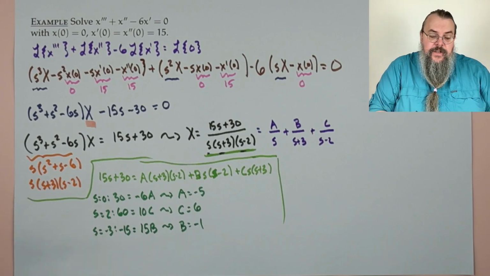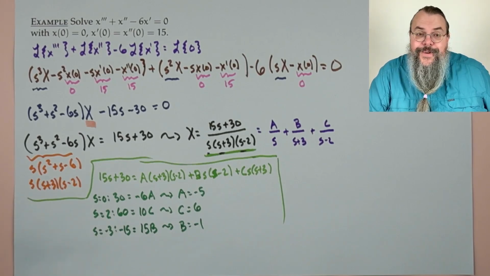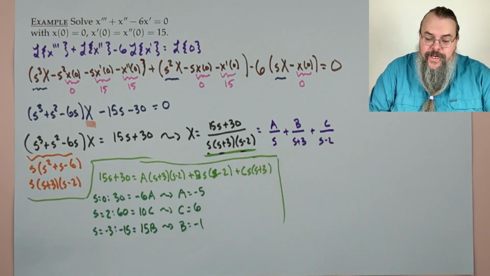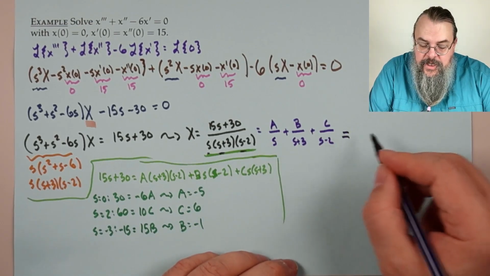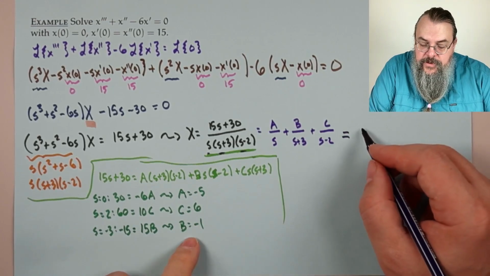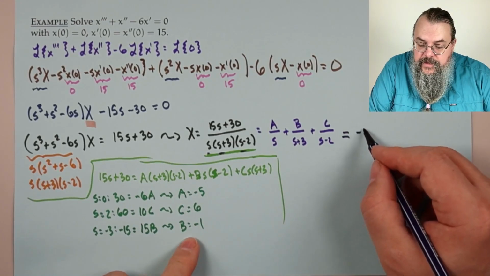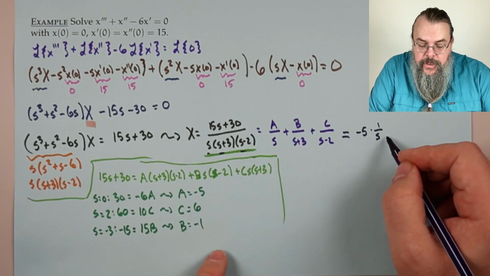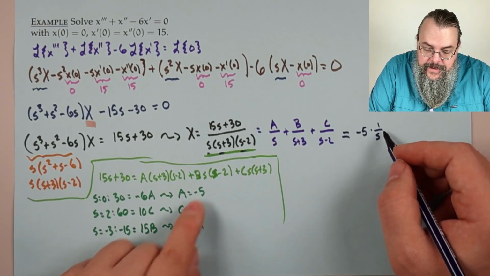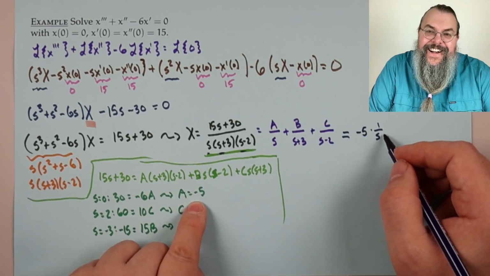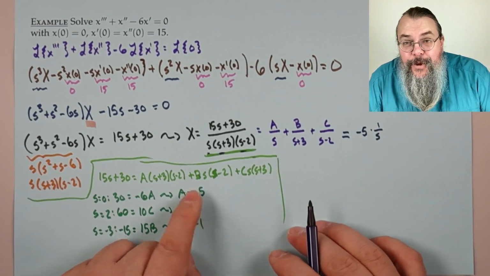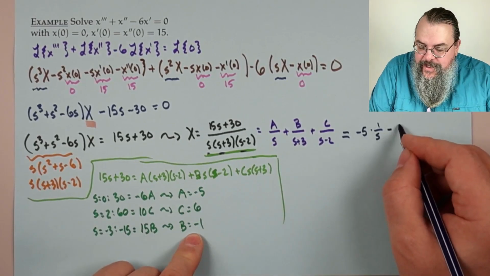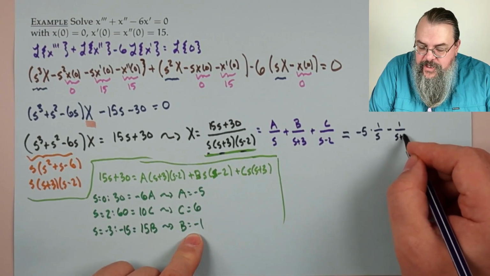Okay, great. Well, how does that help us? It helps us because it tells us what happens with our partial fraction decomposition. Namely, we have a, which is negative 5, and I'm going to write this as negative 5, 1 over s. Whoops, a is negative 5, but I was pointing to b. Learn to point to the right thing, right? b is negative 1, so I'm going to write that as minus 1 over s plus 3.